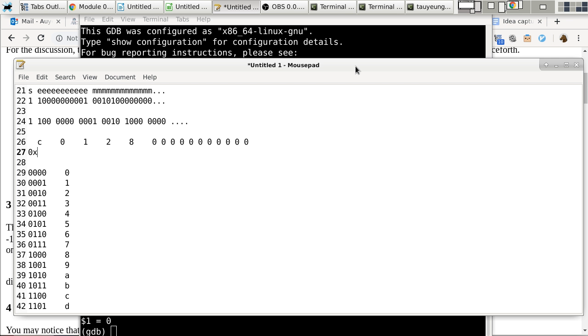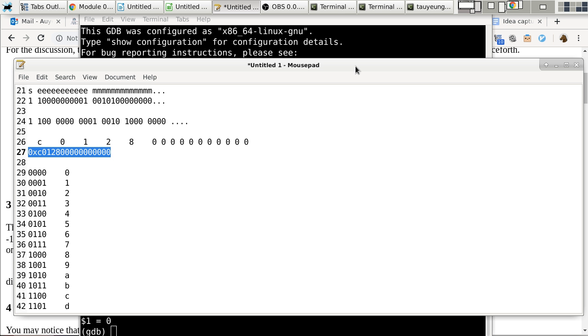There wouldn't be a way to tell which way it should be interpreted. So 0x is a prefix that says what follows is a base 16 number. So now we have C, 0, 1, 2, 8, and then 1, 2, 3, 4, 5, 6, 7, 8, 9, 10, 11. Okay, there we go.